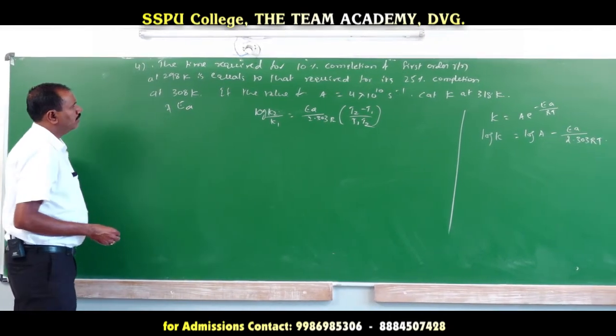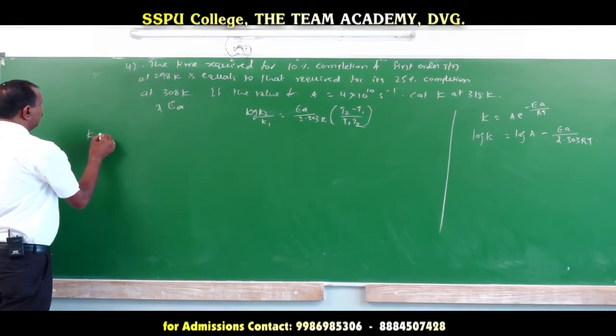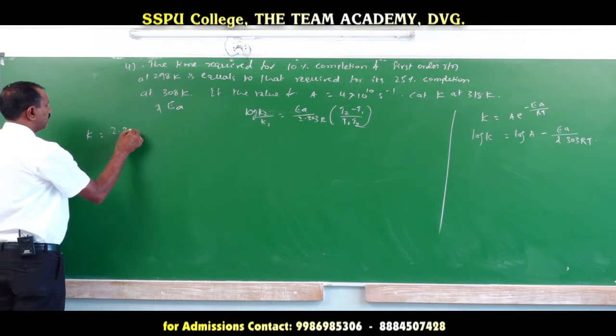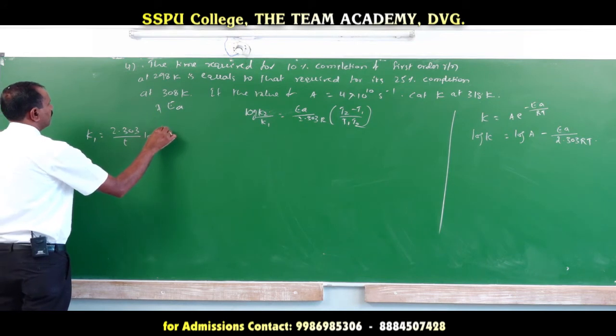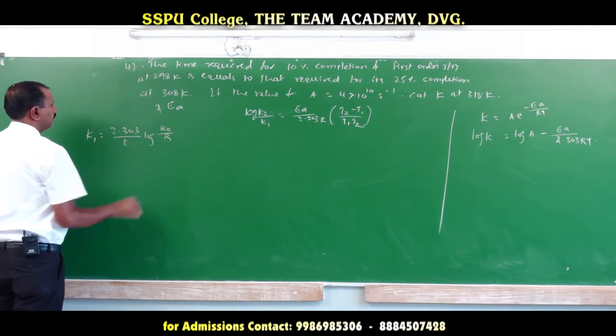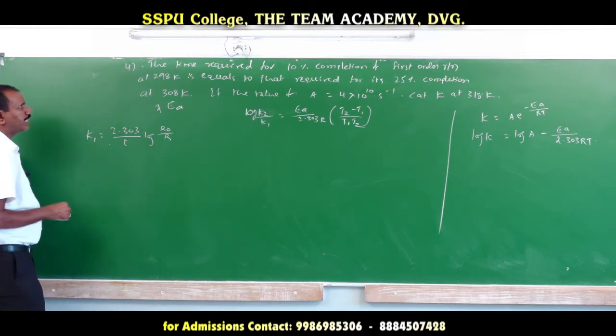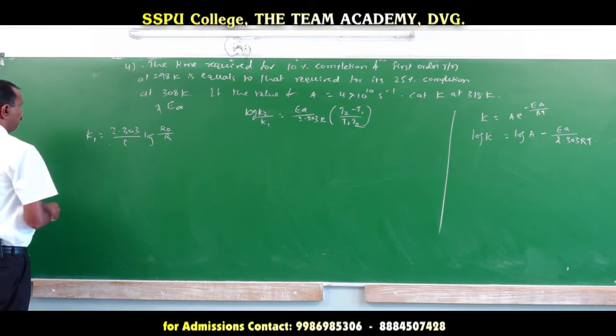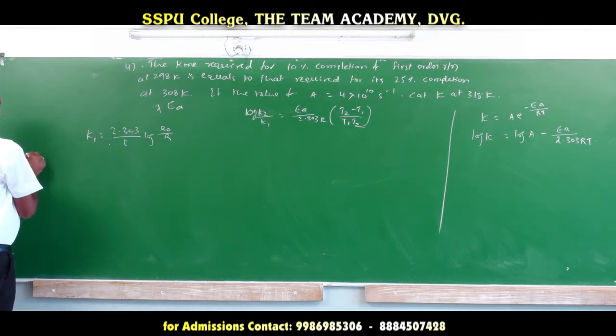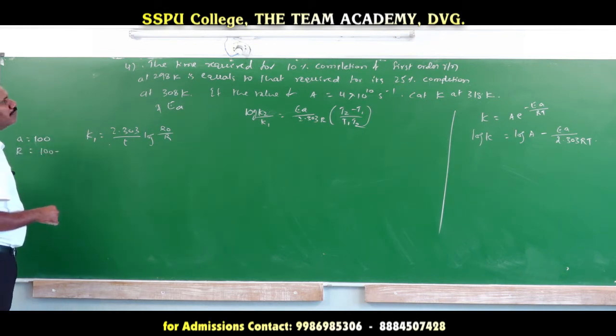K1 can be calculated by first order kinetics, that is 2.303 by T into log of R0 by R, the initial concentration divided by R. K1 is calculated when the initial concentration is 100. Initially it is 100 minus the 10% completion.